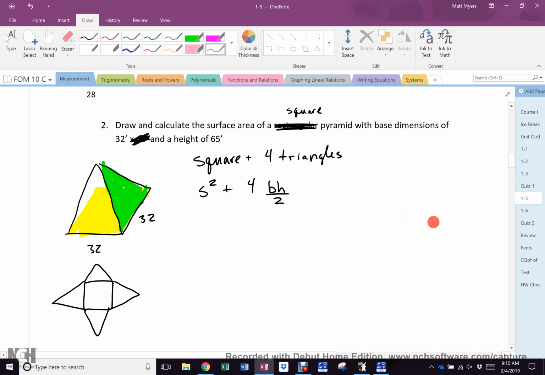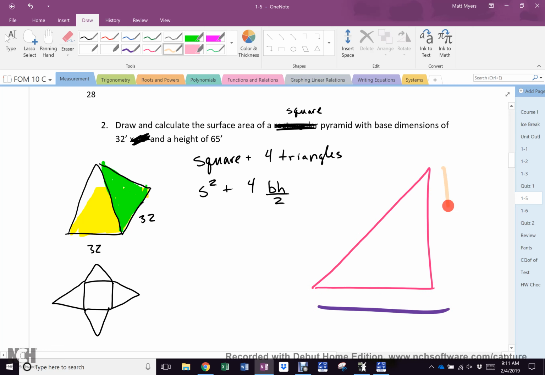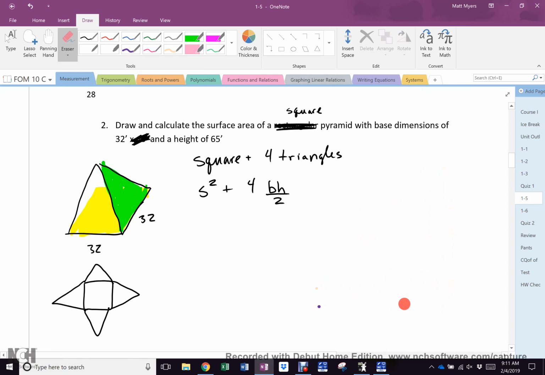Okay. What if I give you this type of triangle? Purple, peach. Where's the height? The peach one. Agreed? Okay. Because we started this, we said was the bottom. Now we get into trouble. What if I give you this shape?